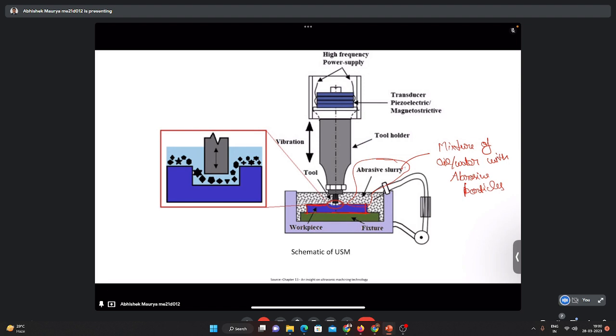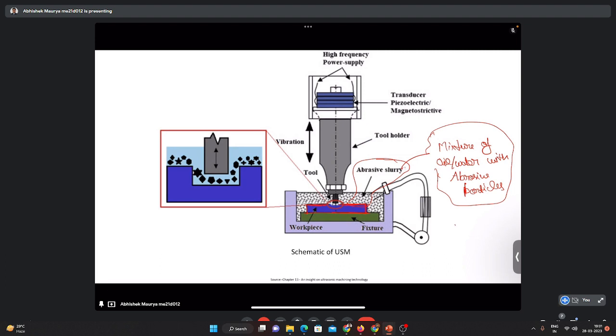It is also an abrasive-based process, but here we are not using any high-velocity, high-momentum jet of abrasive particles. Here we just have a mixture of abrasive and water, that is called slurry. We submerge the workpiece inside the slurry, or put the slurry over the workpiece, and we take a tool in the required shape.